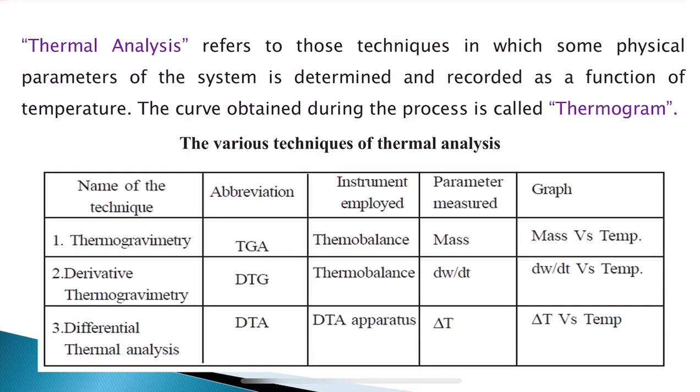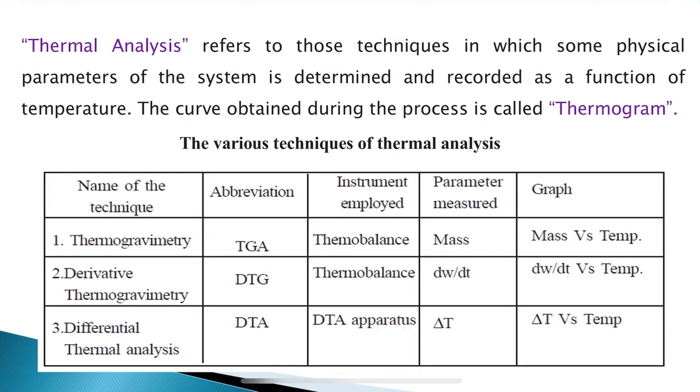So, these techniques are abbreviated as follows: thermogravimetry is called TGA, derivative thermogravimetry is called DTG, and differential thermal analysis is abbreviated as DTA. Okay. So, what are the instruments used here? For thermogravimetry, we are going to use a thermobalance. Okay. And for DTG, the thermobalance is the instrument which is employed, and for differential thermal analysis, we are going to use the DTA apparatus.